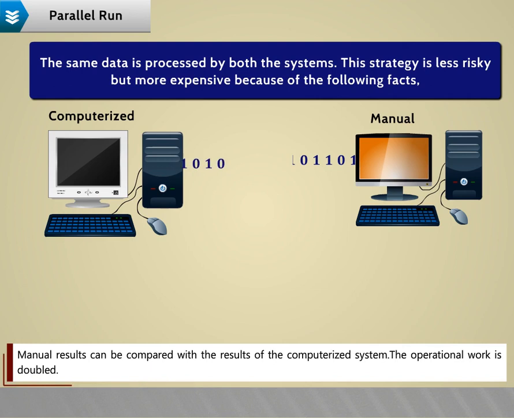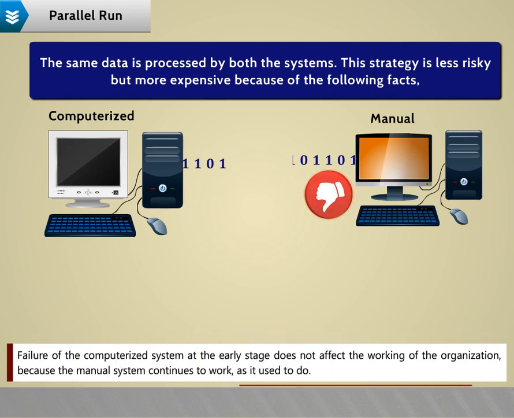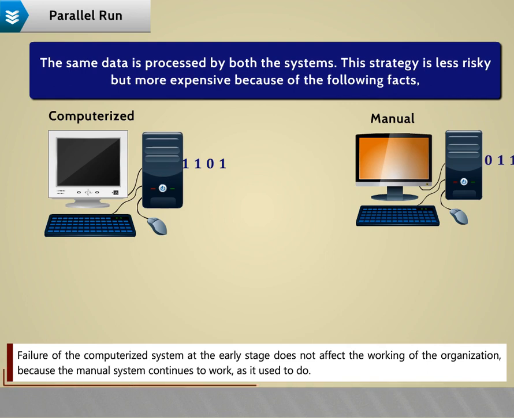Manual results can be compared with the results of the computerized system. The operational work is doubled. Failure of the computerized system at the early stage does not affect the working of the organization because the manual system continues to work as it used to do.